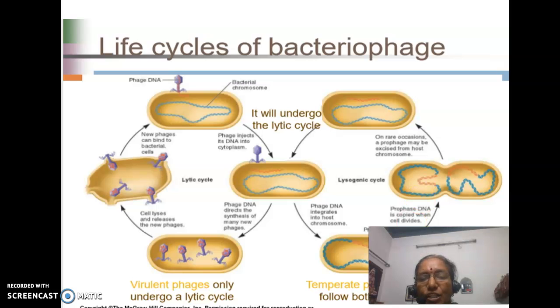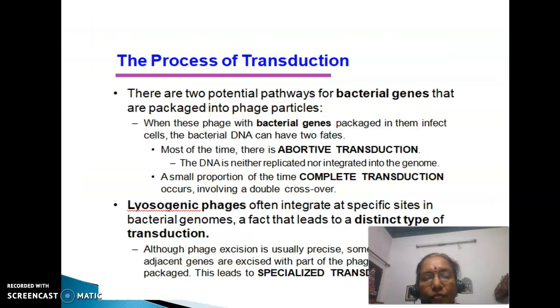The prophage is the name often used for this stage of the viral DNA. Whenever there are favorable conditions, a prophage can come out of the host chromosome, or get excised, and again enter the lytic mode. I think this has given us a clear idea about the two different life cycles of the bacteriophages.